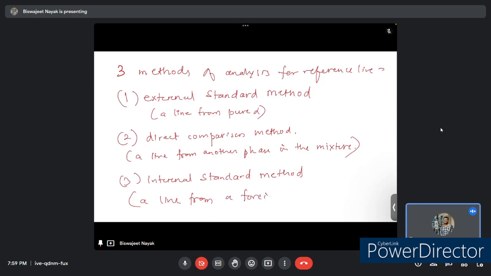So there are three ways we can compare this I alpha, and we will get different results.